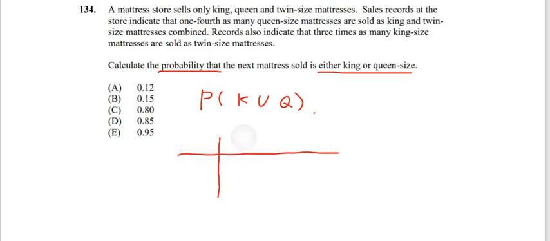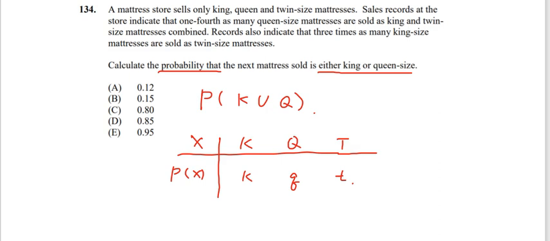Can be king, can be queen, can be twin. So suppose this x can be those things, and the probability for buying king we just put as k, buying queen size q, buying twin is t. So we just check their relationship.